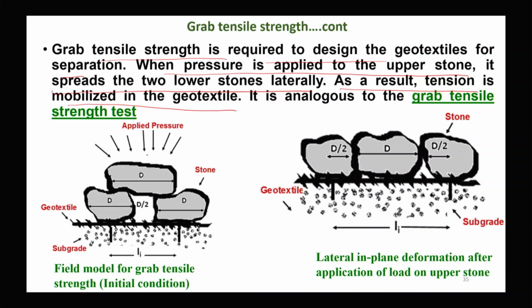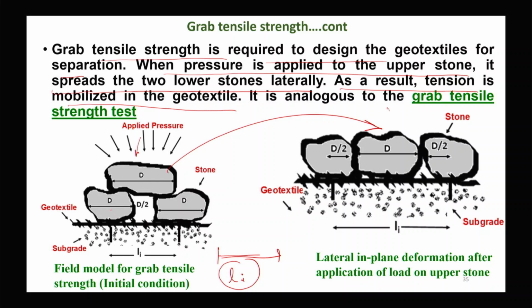Now when the load is applied, this top stone takes this place. The initial gauge length will be Li, the initial length.